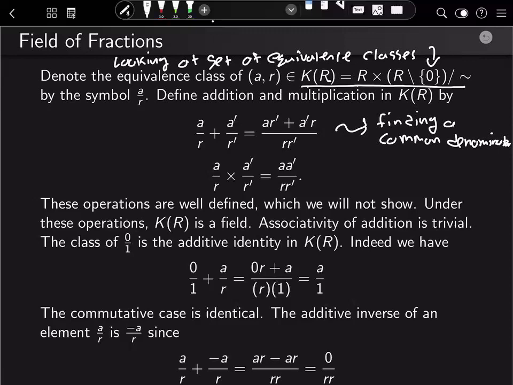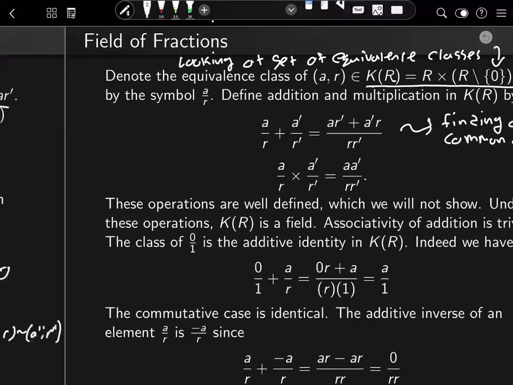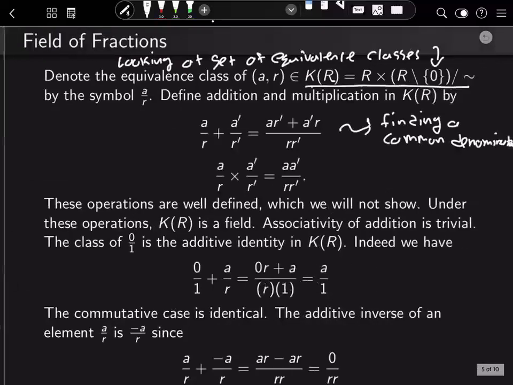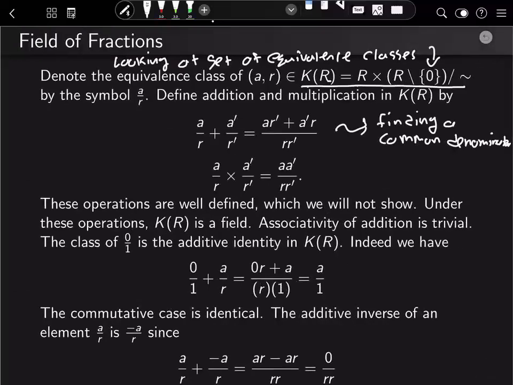The associativity of addition is pretty trivial, as I note here. If we have A over R plus A prime over R prime plus A double prime over R double prime, what's that going to be?